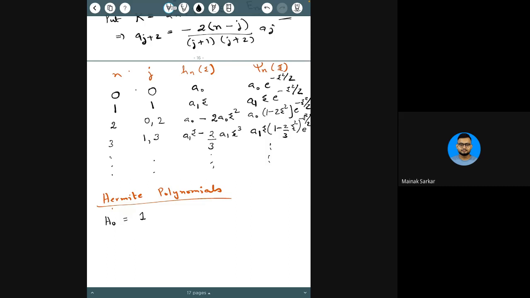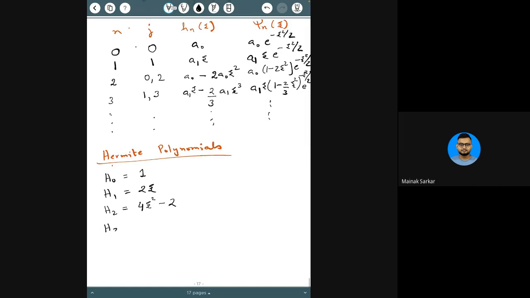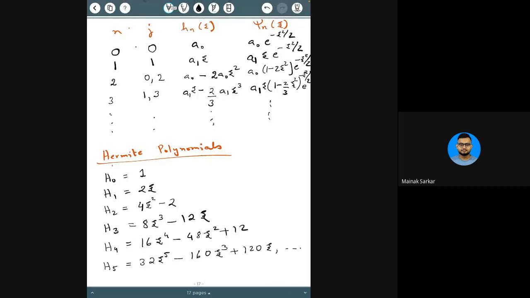H0 is 1, H1 is 2 xi, H2 is 4 xi squared minus 2, H3 is equal to 8 xi cubed minus 12 xi, H4 is equal to 16 xi to the power 4 minus 48 xi squared plus 12, H5 equal to 32 xi to the power 5 minus 160 xi cubed plus 120 xi, etc.